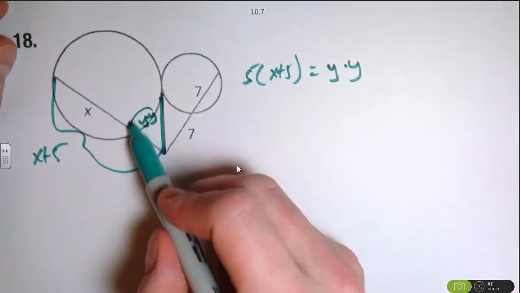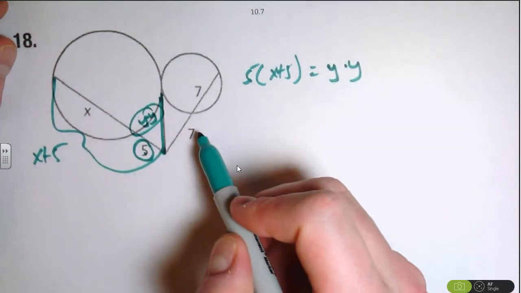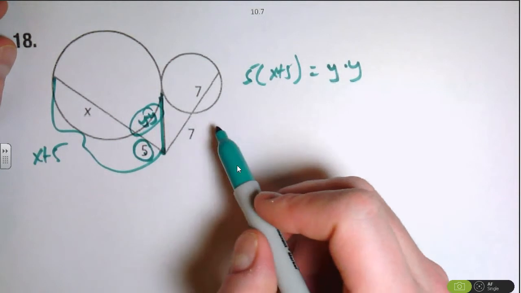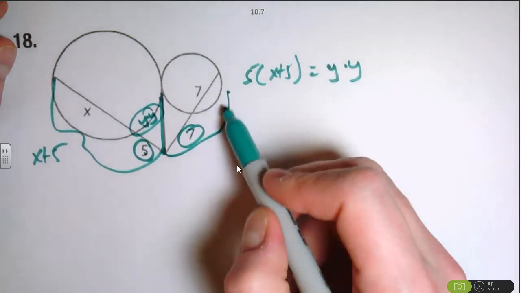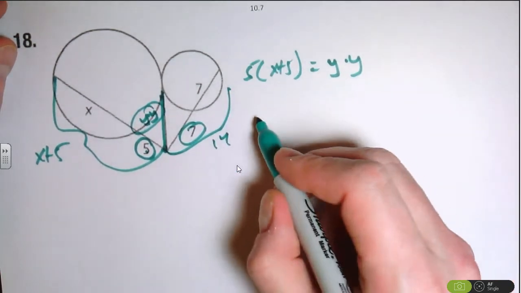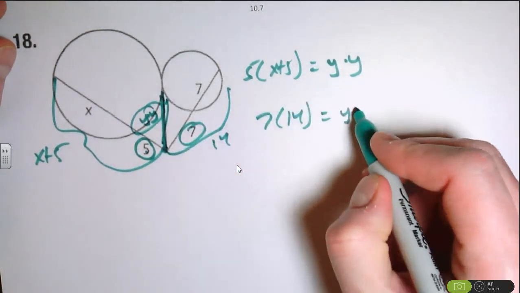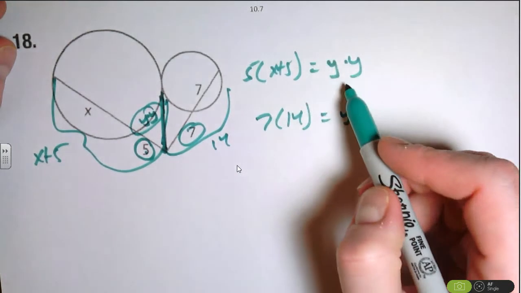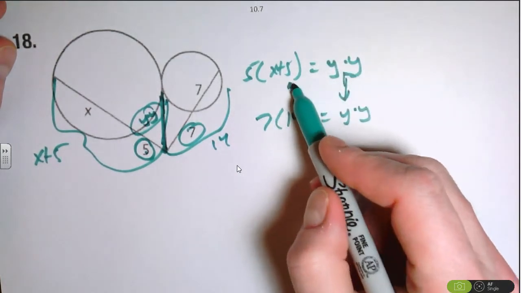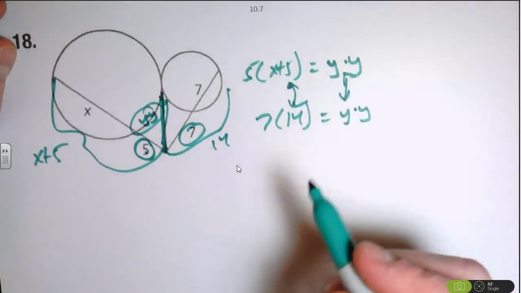The problem is I don't know what this is. However, if I look at it from the right, exterior times whole, which is 14, is going to also equal exterior times whole. So by the transitive property, these two are equal because they're both equal to y times y.